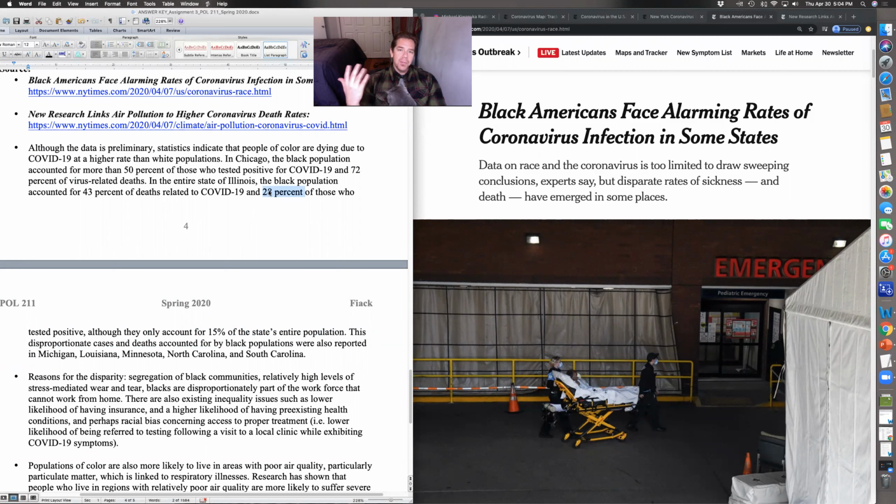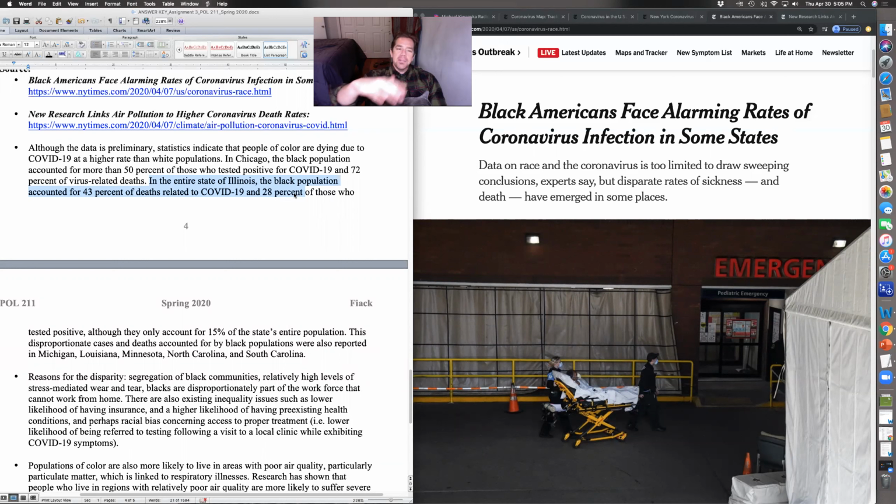So what this is telling us, and then if we look at deaths, 43% of deaths. What this is telling us is that in this data that's being presented, Black residents of Illinois are disproportionately impacted by COVID-19. What I mean by that is that if it was proportionate, because 15% of the population in Illinois is Black, you would expect like 15% of the deaths to be Black, and 15% of those who tested positive to be Black.